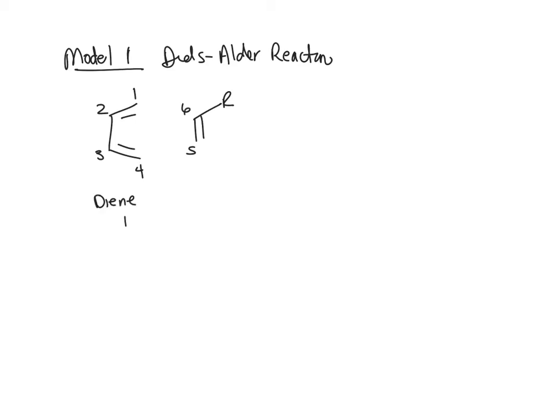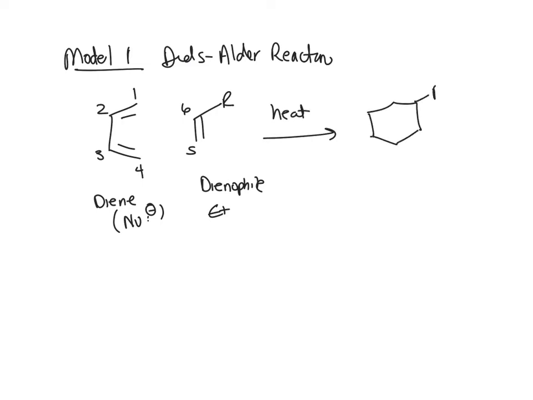This is your diene, which is your nucleophile, and then this is your dienophile, which is your electrophile. You add a little bit of heat, and you're going to get your cyclohexene ring product. It's going to be very important that you number these carbons, and I want you to line it up just like this when you do your reactions.